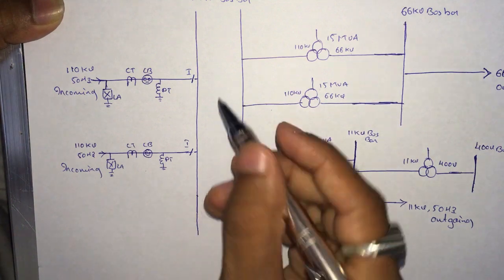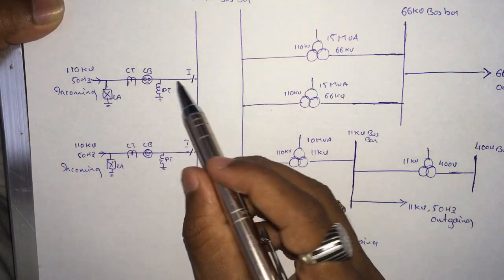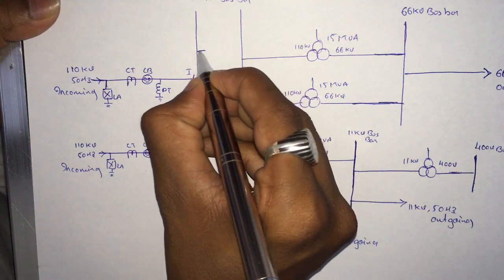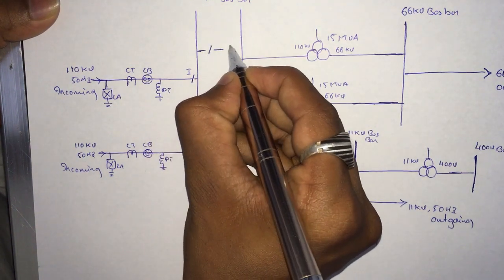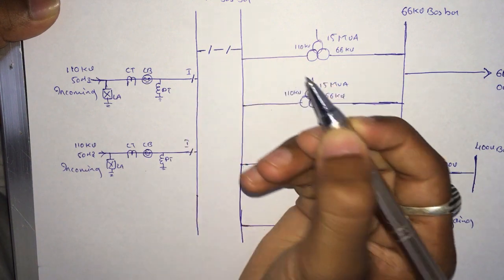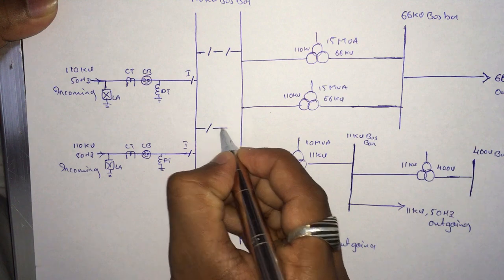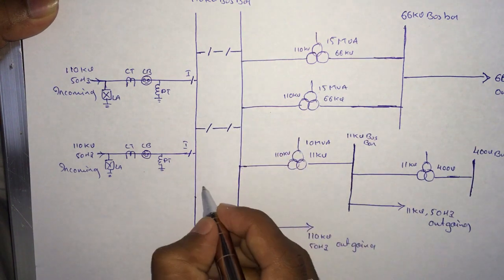Okay, these are the basic necessary equipments. After that these two bus bars will be connected by an isolator switches.